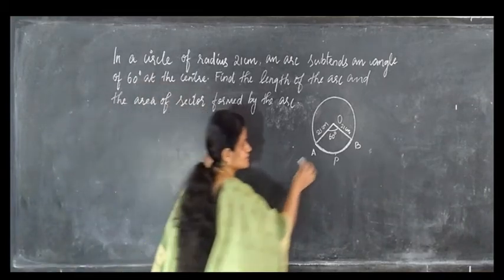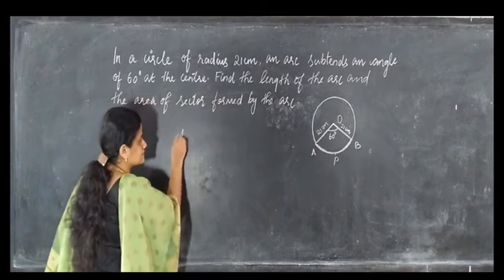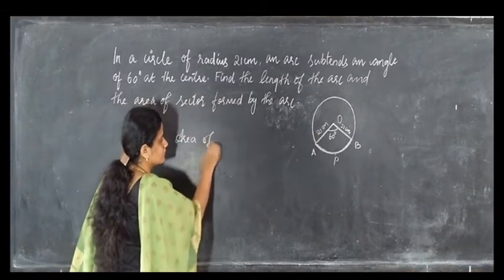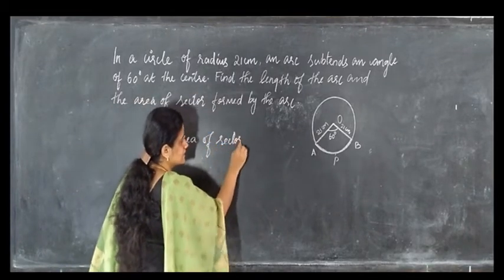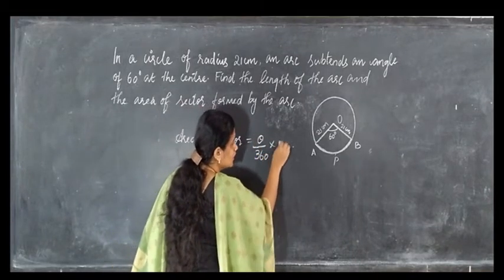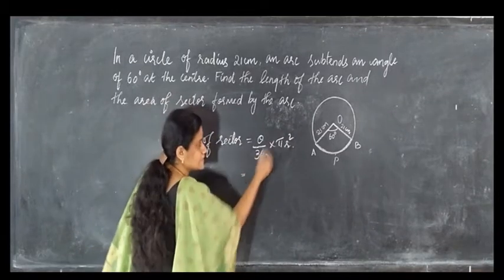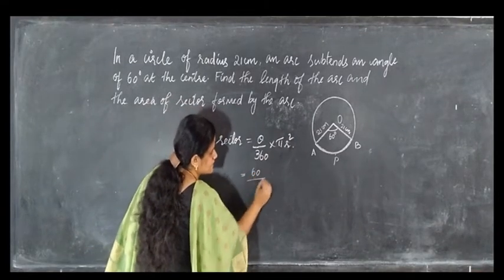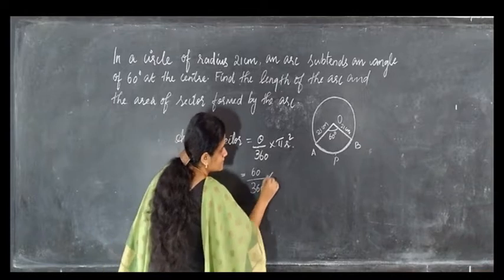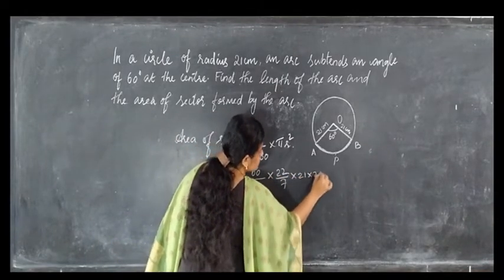So here, the sector means minor sector. So what is the formula? Area of sector is equal to theta by 360 into pi r square. Now what is theta here? 60. 60 by 360 into 22 by 7 into 21 into 21.